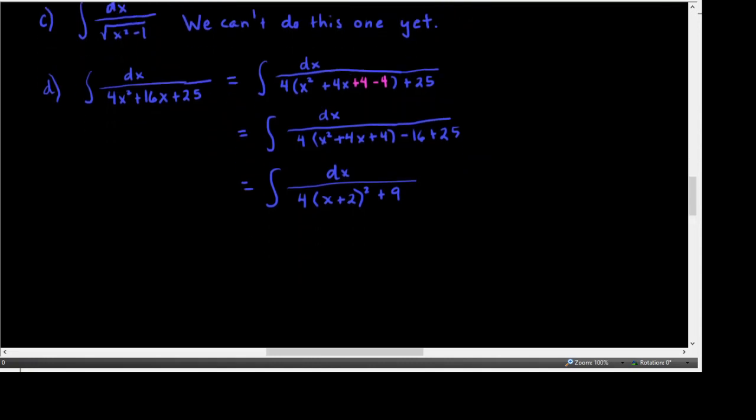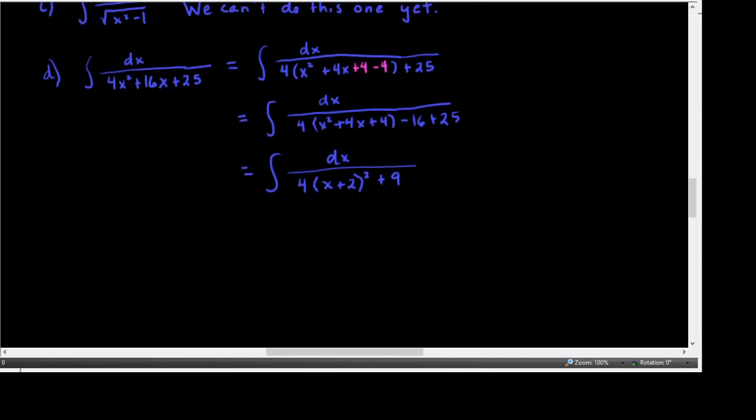Okay, so now this looks like an inverse tangent problem, which of course is number 19 if you want to look at that. So that means that our u squared is 4 times the quantity x plus 2 squared, which means that u would be 2 times x plus 2, the square root of 4 times x plus 2 squared.